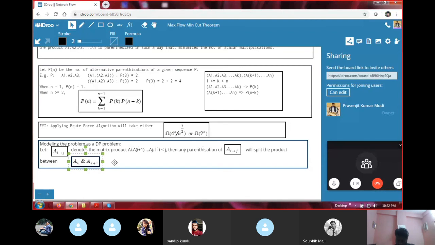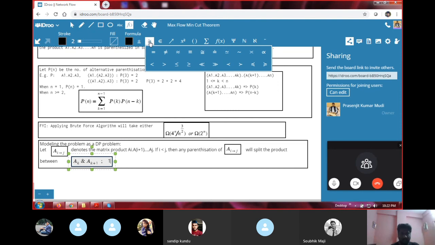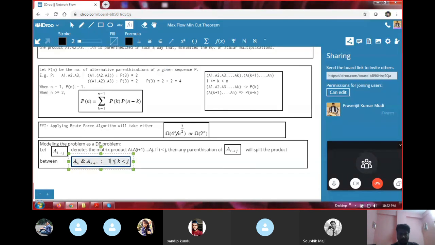So this is important. We have understood that, so i less than or equal to k, and this is not 1, this is i.